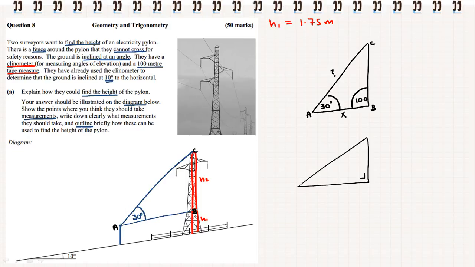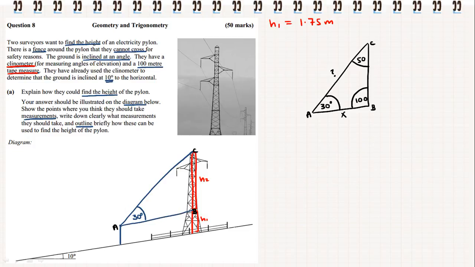But we're told in this question that we have an incline of 10 degrees. So if I look back at the diagram, if I put in a horizontal line there, that's my 90-degree angle, plus I have an incline of 10 degrees, so it makes the angle ABC 100 degrees. Therefore my angle up here is going to be equal to 50 degrees.